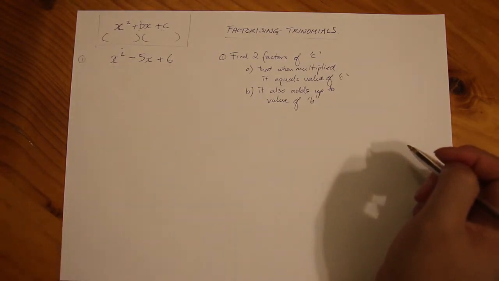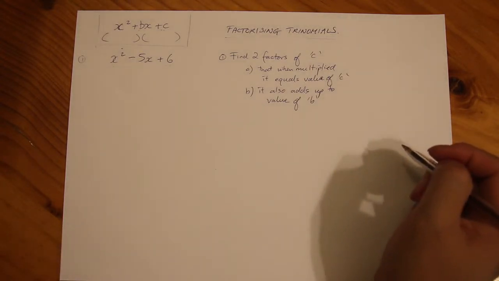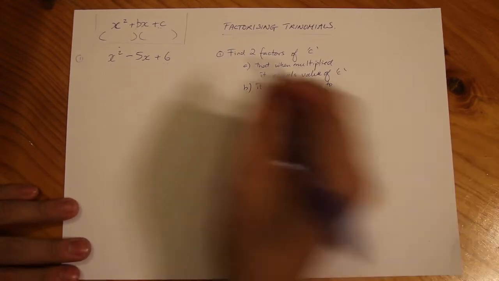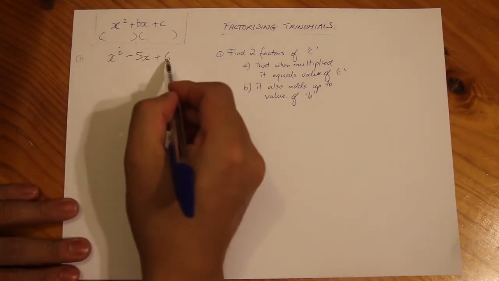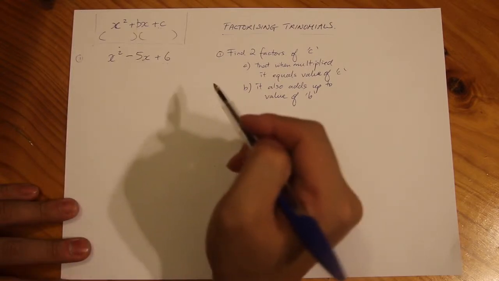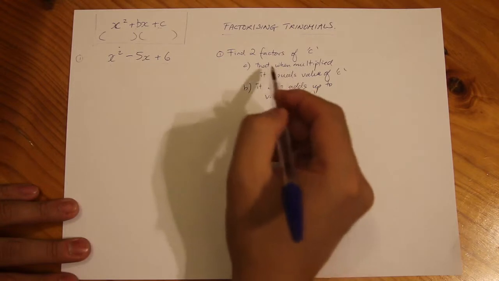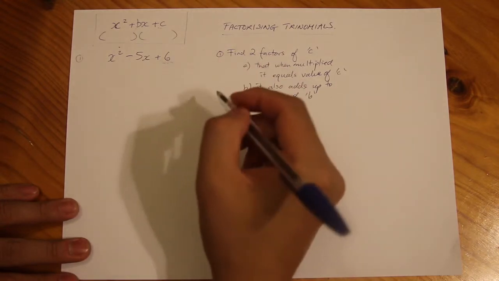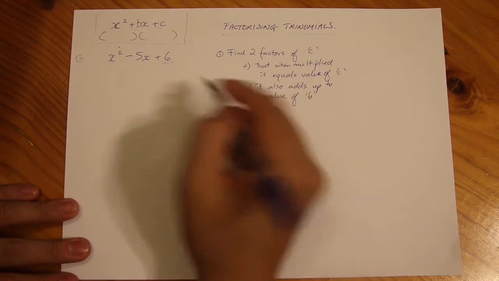It may be a little bit confusing right now, but hopefully through the next few examples it will become a lot clearer. So the value of c is 6, and the value of b in this case is minus 5. So I want to find 2 factors of 6 that fit these 2 criteria.